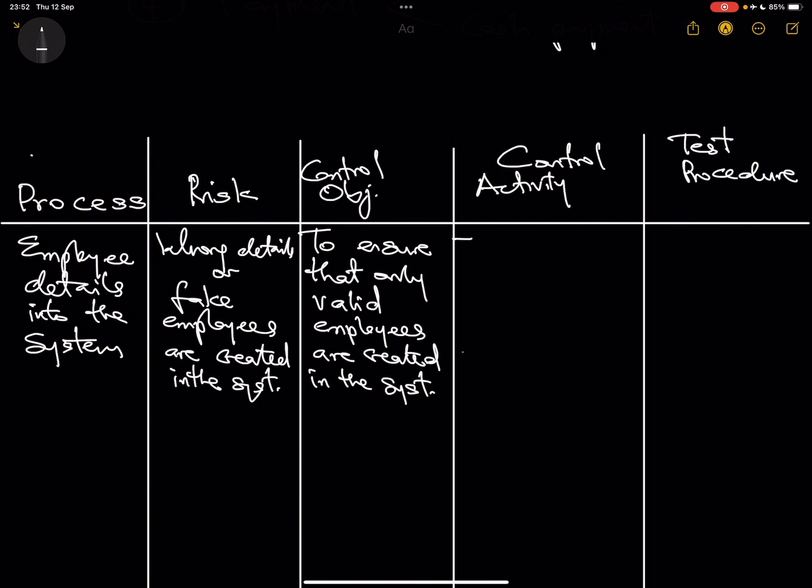So there are two controls I will be talking about there. The first one is that there's a new staff form. This form is reviewed and signed by the HR director.